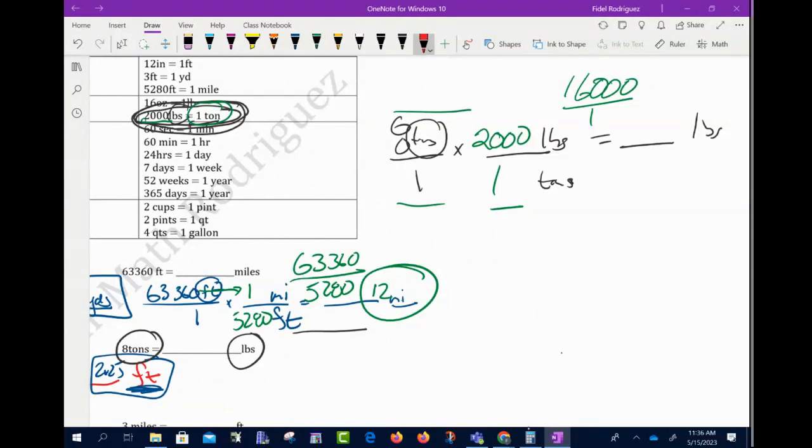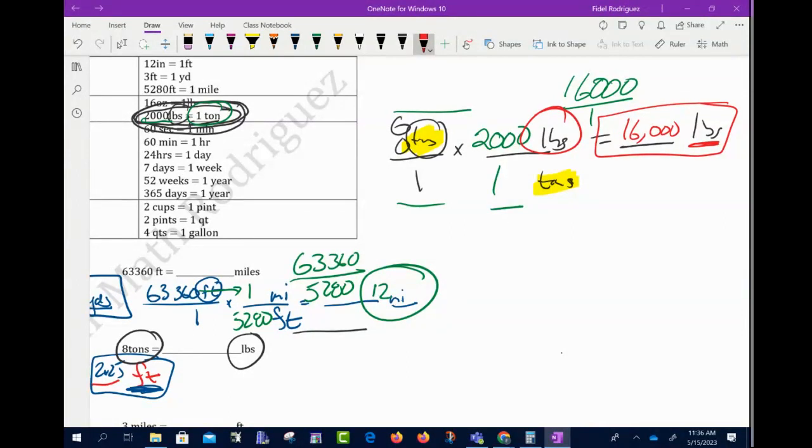But 16,000 divided by 1 is still 16,000, right? So again, the important part: if you got tons here, put tons right there on the bottom, and whatever you want to end up with is the units that are going to go on the top. And it's always going to work every single time.